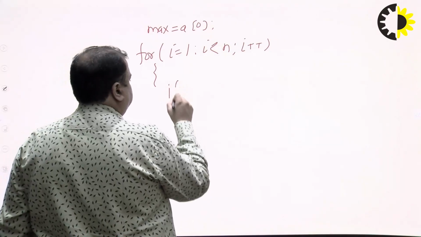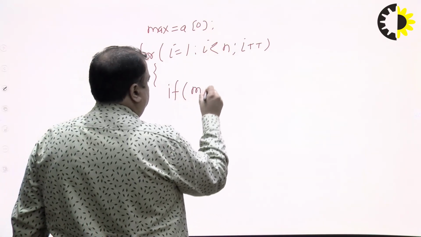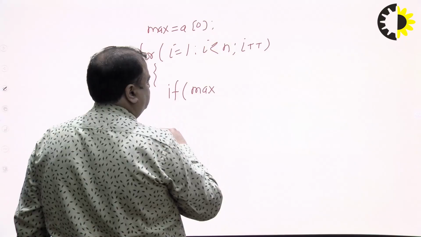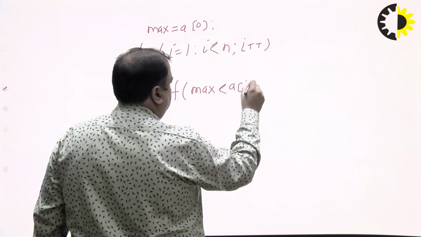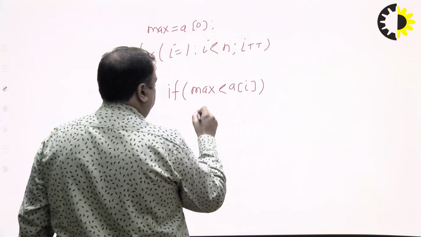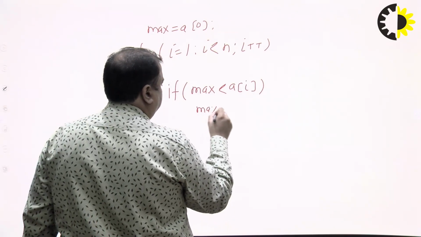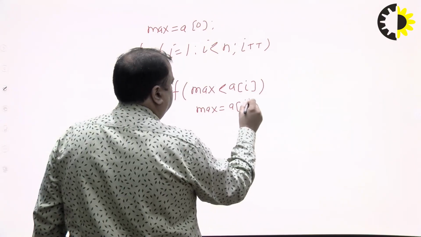So let's check if max is less than a of i, then what we need to do, max equal to a of i.